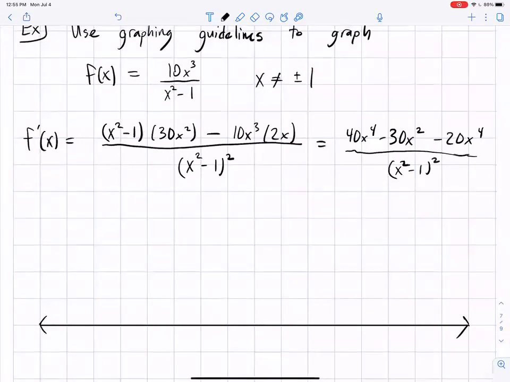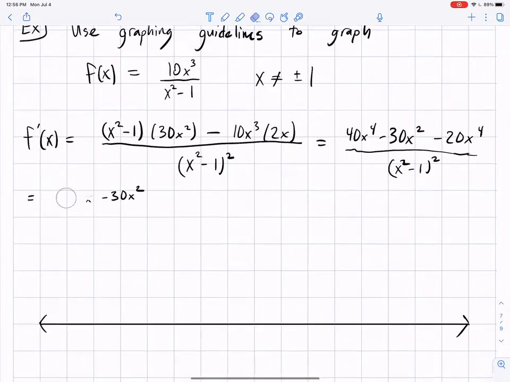And then what does that simplify to? Well, let me simplify this one more time. So what's this equal to? 20x to the fourth minus 30x squared.